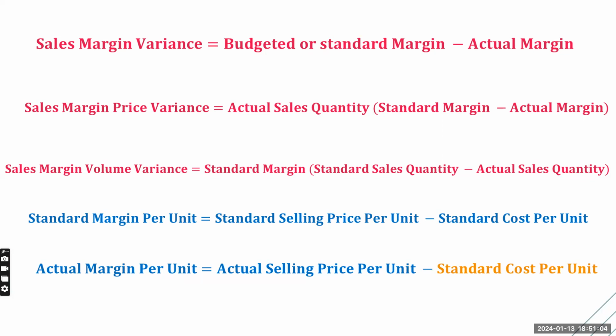There's a very important point to note here. Actual margin per unit is equal to actual selling price per unit minus standard cost per unit. Even though it's the actual selling price, the cost is the standard. Keep that in mind.